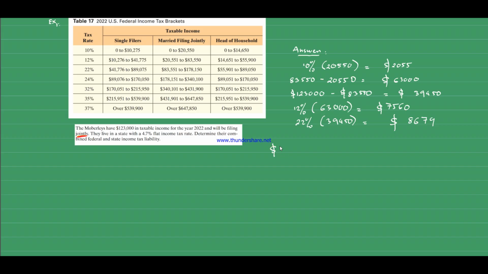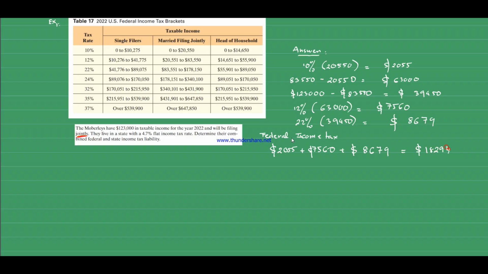The federal income tax is 2,055 plus 7,560 plus 8,679. 2,055 plus 7,560 plus 8,679 gives you 18,294.